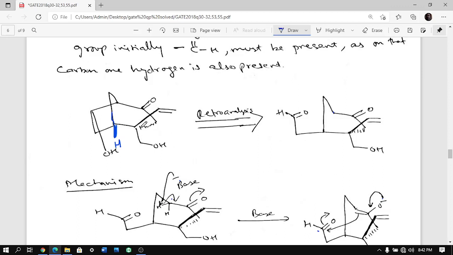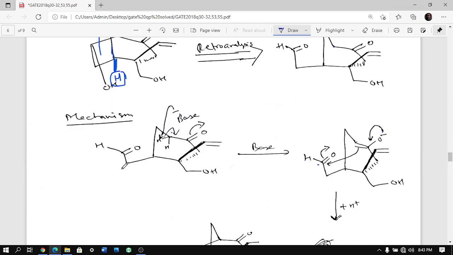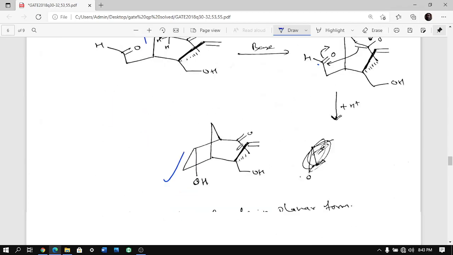Here also this is behind, so it will be away from the viewer, and which is up will be towards the viewer. This exo hydrogen is coming out, so it will be towards the viewer and the rest of the part will break off. So you are breaking it here and you get this product.